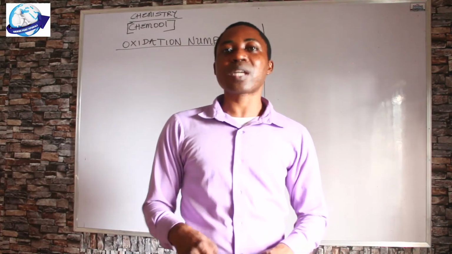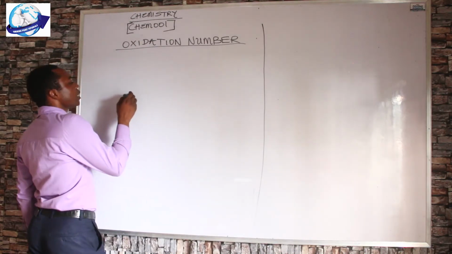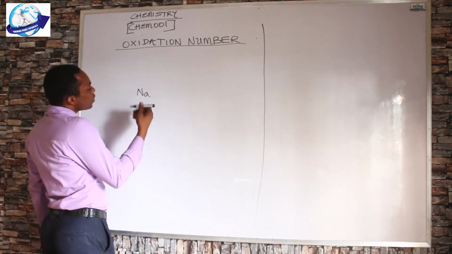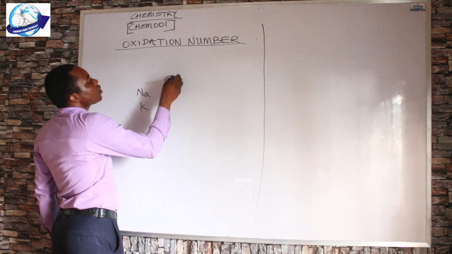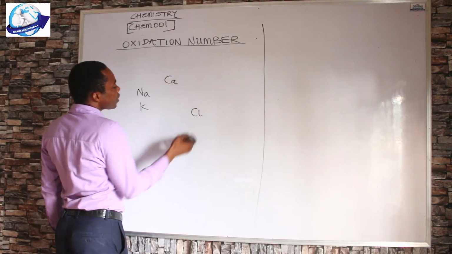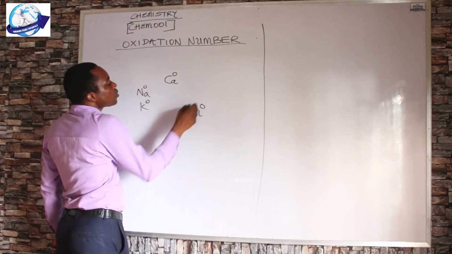Mention any element at free state or in its uncombined state. For example, sodium in its free state, potassium in its free state, calcium in its free state, or a non-metal like chlorine in its free state. They are all having zero.